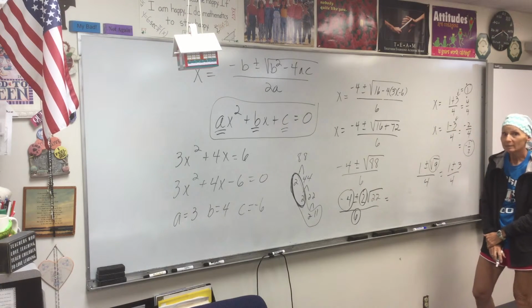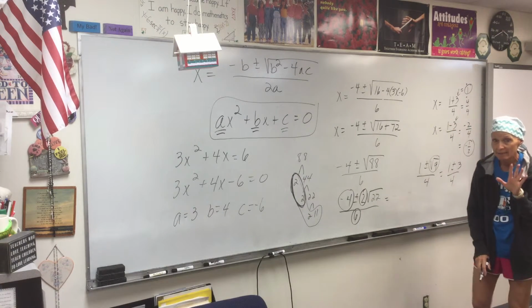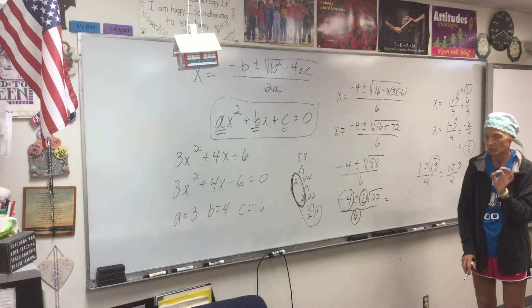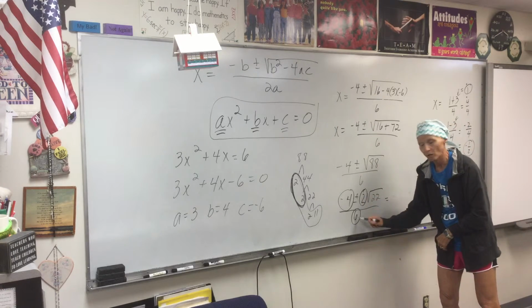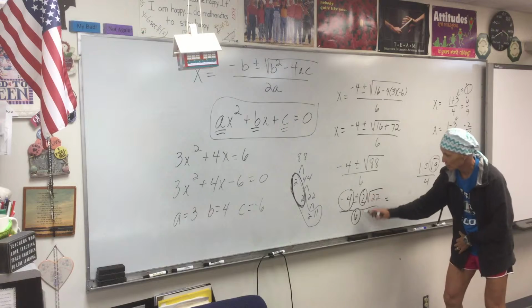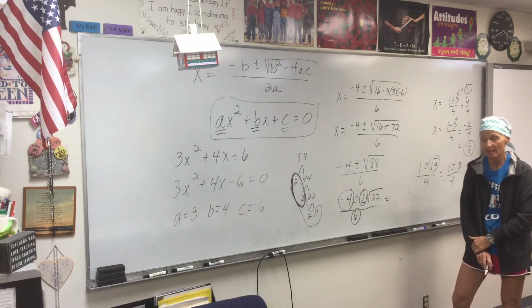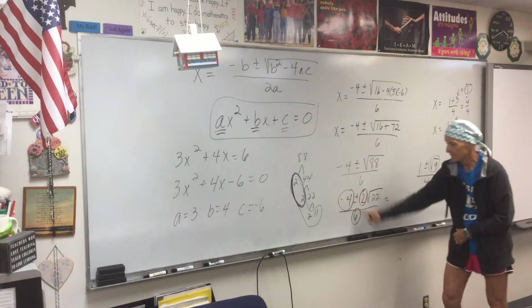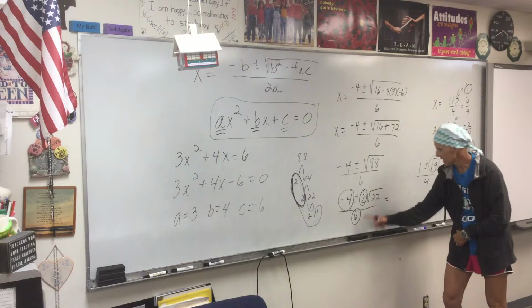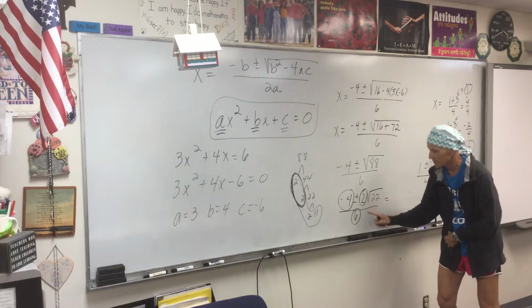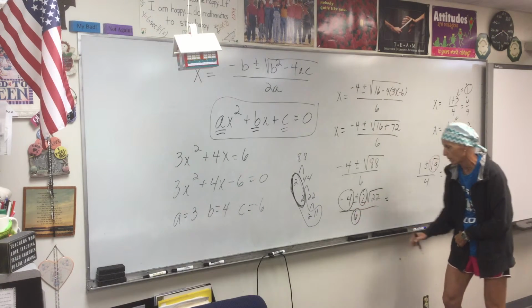So that will cancel. Again, you cannot cancel unless you can do it out of all 3 parts. We call it the triangle of cancellation. You can't just cancel these, and you can't just cancel these. You got to be able to do it out of all 3 parts.